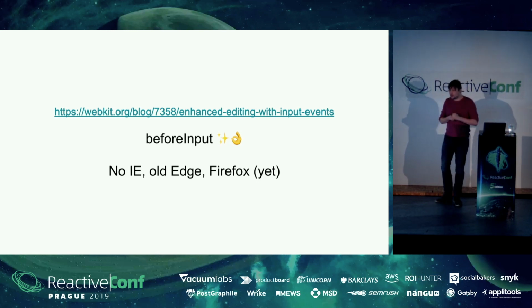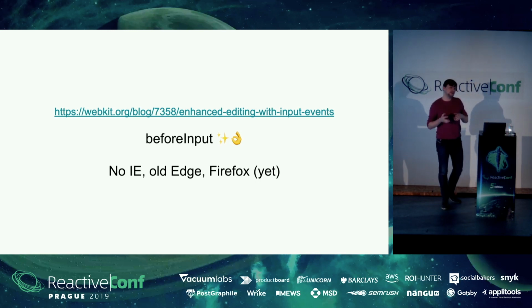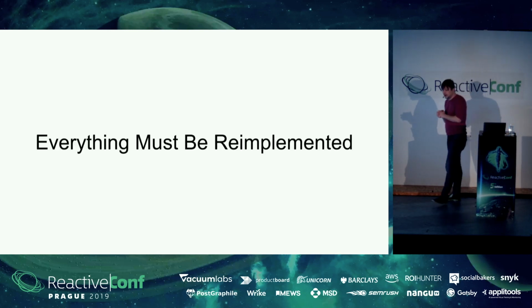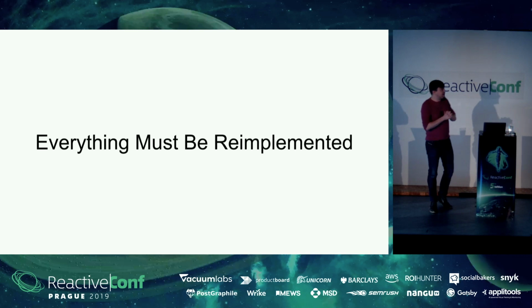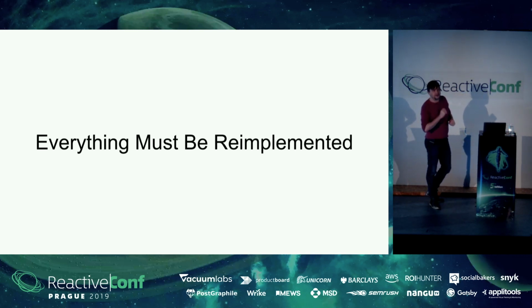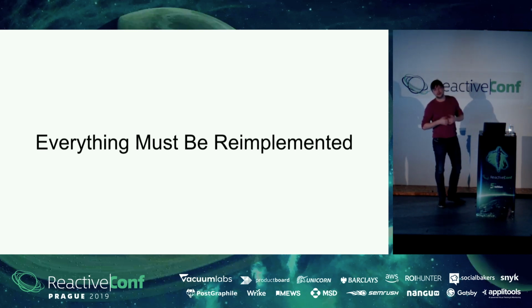So really, we can leverage this new API. My editor is based on a completely new API, which has a huge good impact on the code quality, etc. Still, everything must be re-implemented, but we have enough information from the browser itself. So it's all about the transformations.